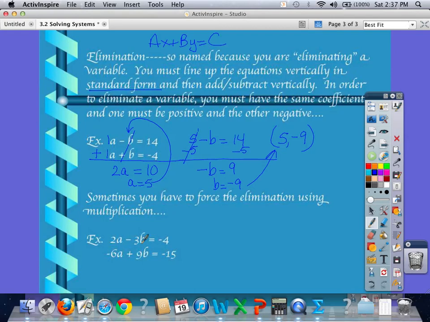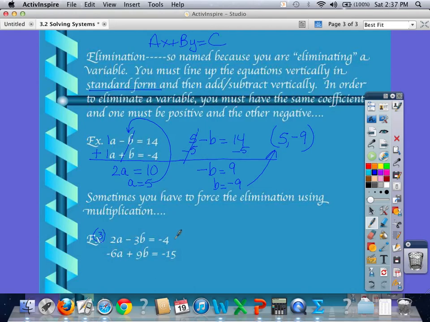It doesn't matter. So I'm looking at my A's, and I'm thinking if I multiply this A right here by 3, I would make then a positive 6, and these would cancel. So I'm going to put a 3 over here. Now when you do that, you have to multiply every single thing by what you put over here, 3. Everything, okay?